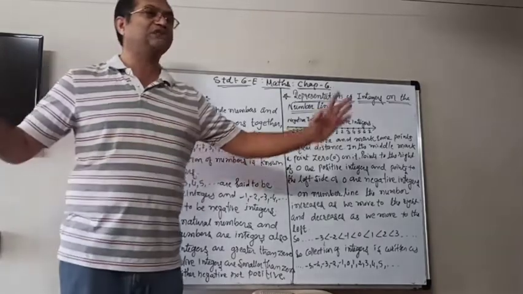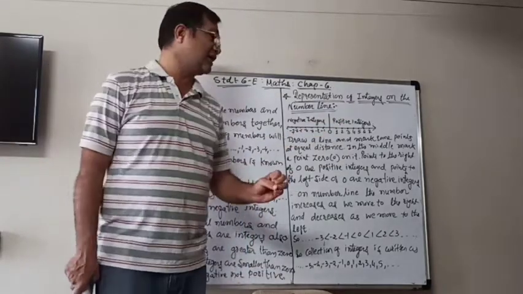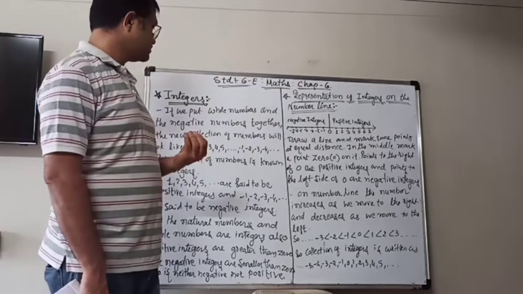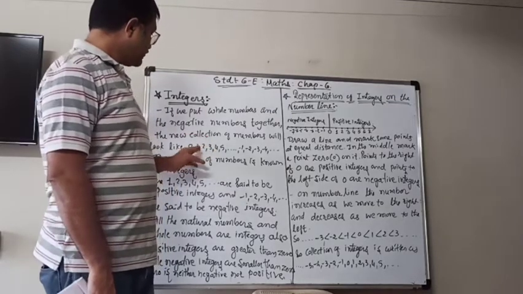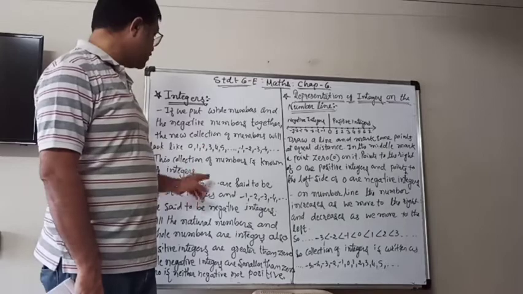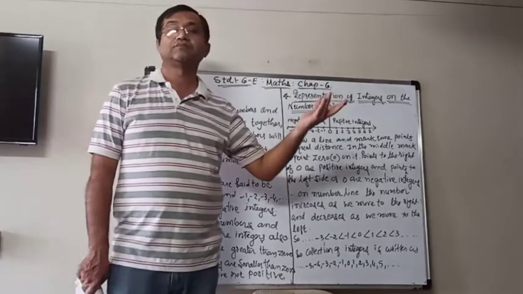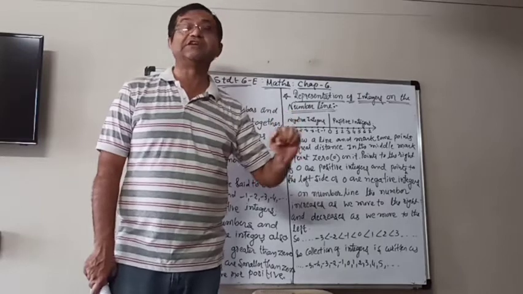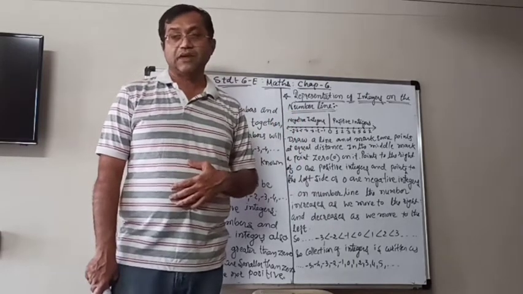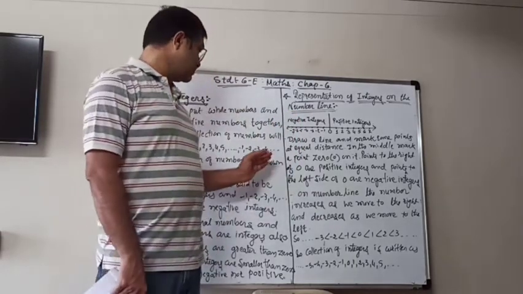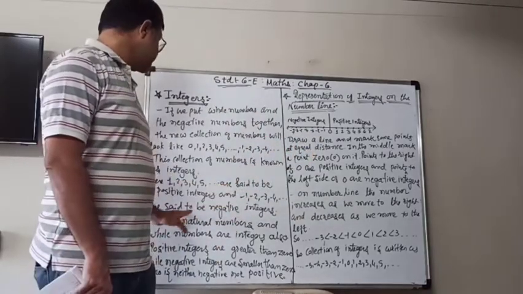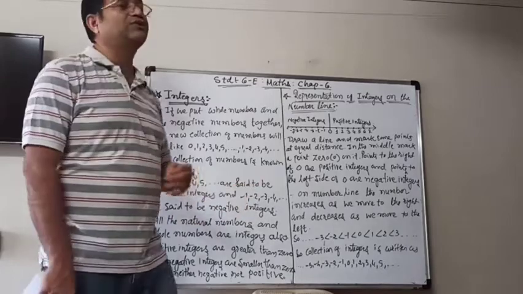So all numbers together are known as integers, in which 1, 2, 3, 4, 5 are known as positive integers, and minus 1, minus 2, minus 3 are said to be negative integers.